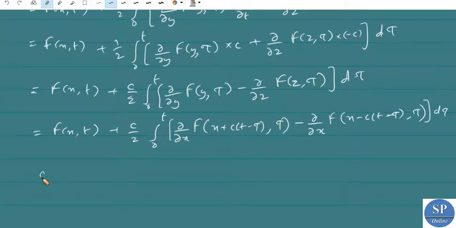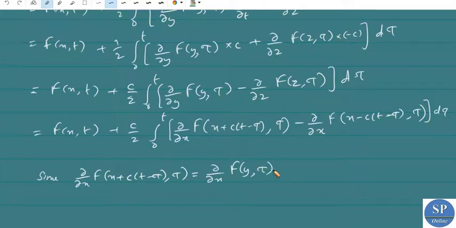Since we have dou by dou x of f of x plus c into t minus tau comma tau, this is nothing but dou by dou x of some f of y comma tau, where y equals x plus c into t minus tau.